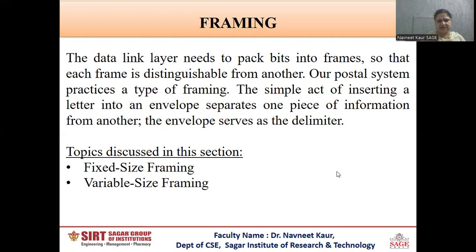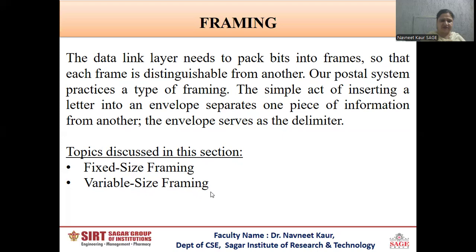Our postal system is a common example of framing, in which a letter is inserted into an envelope, and this envelope separates one piece of information from another. And this envelope serves as the delimiter. Here we will discuss in detail variable size framing and also the introduction of fixed size framing.